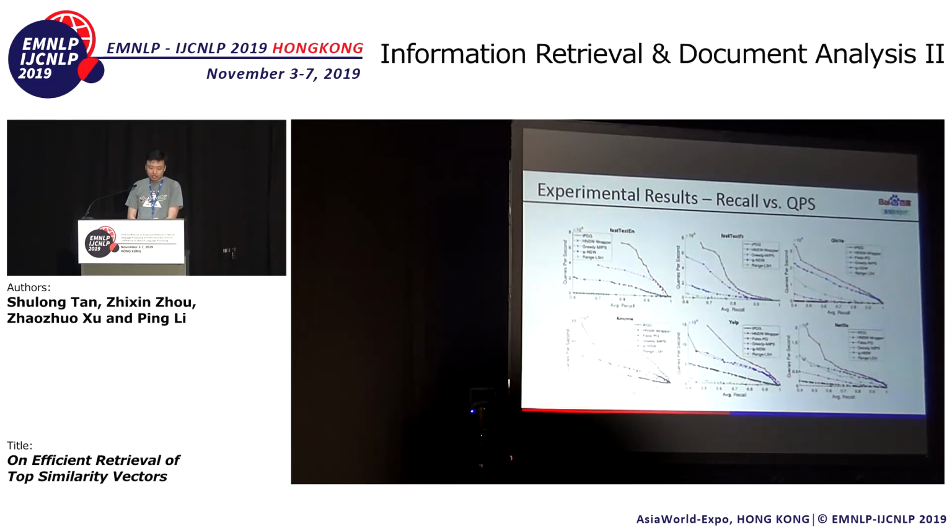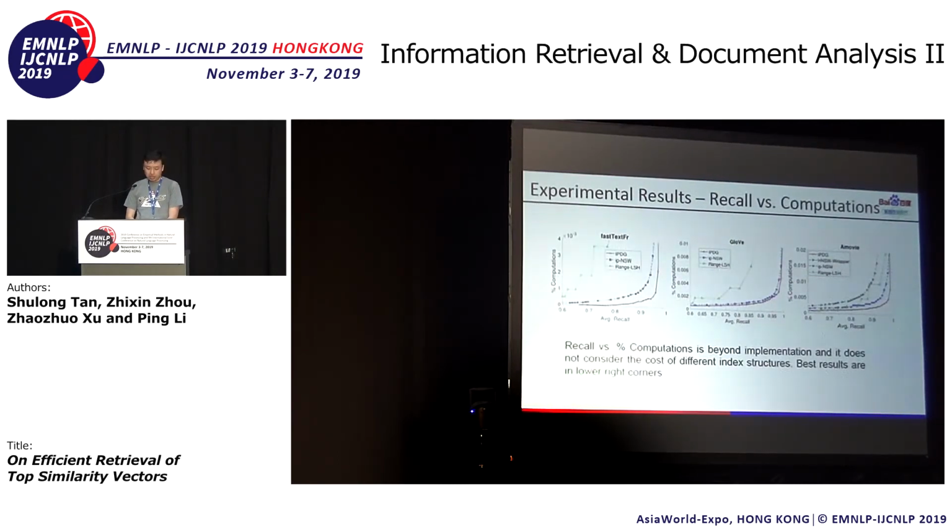The y-axis stands for the queries per second, that means how many queries we can process in a second. The x-axis is the accuracy, or the recall. So if the curve is in the upper right corner, that is the best one. As we can see in these 6 experiments, our method beats all the other methods.